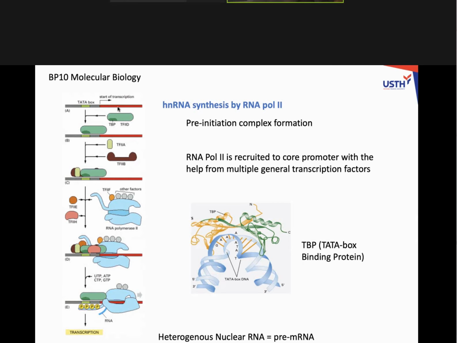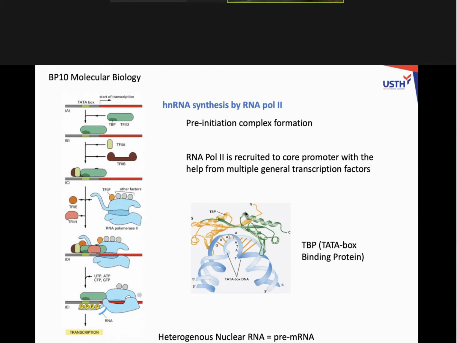The first step is direct recognition by general transcription factors. After this step, once the general transcription factors are bound to DNA, pol2 can join the big complex. And last step, to start transcription, you need to phosphorylate the C-terminal tail of polymerase II.